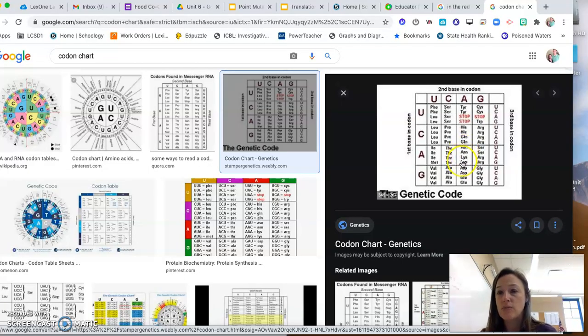Asparagine's a 2, aspartic acid is a 2, but anyway, I think all of them except tryptophan and methionine are the only 2 singletons. So all of them have multiple codons that can code for the same amino acid, and that is being redundant. And so that's the redundancy of the code. So I hope that helps. If you have any questions about these miscellaneous things dealing with translation, let me know.